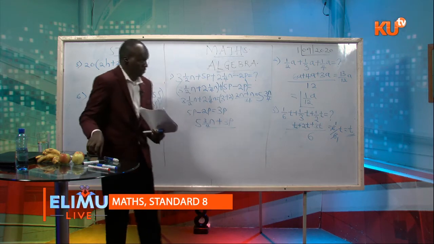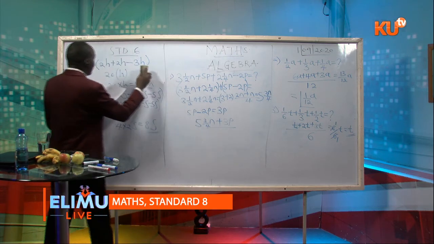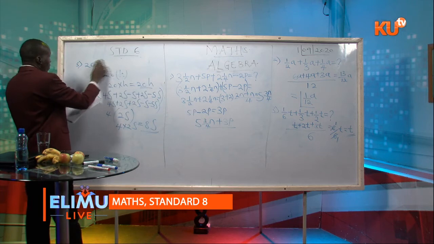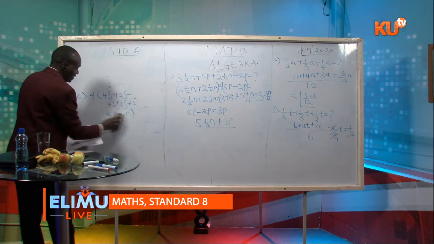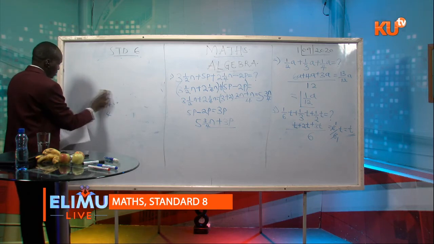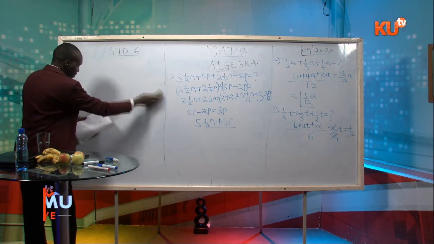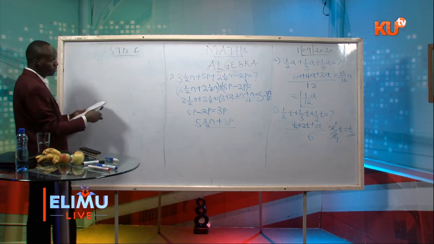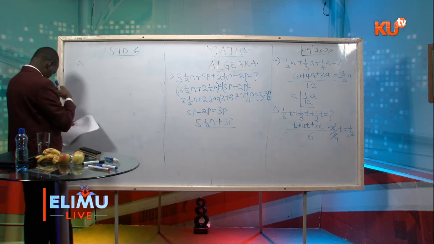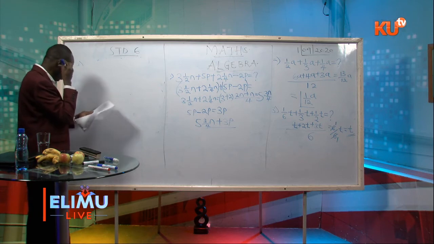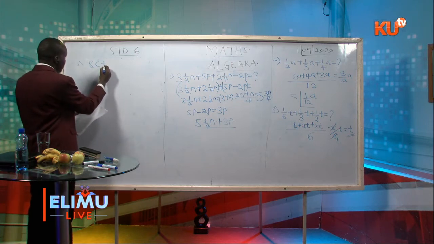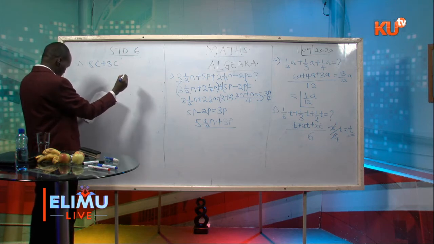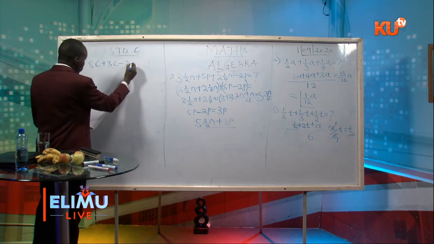Our next example. One more example. Here we have 8c plus 3c take away 2c.